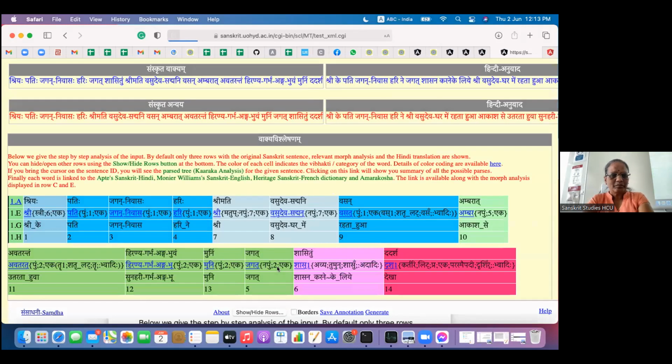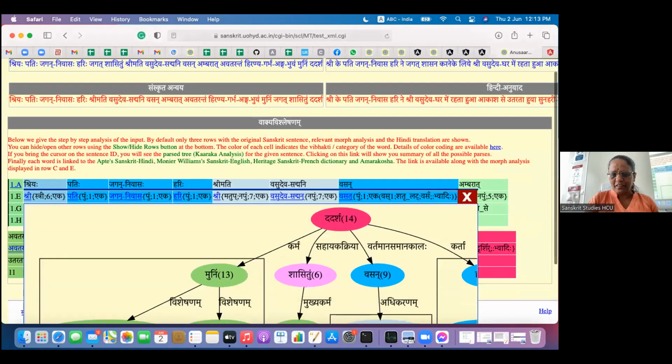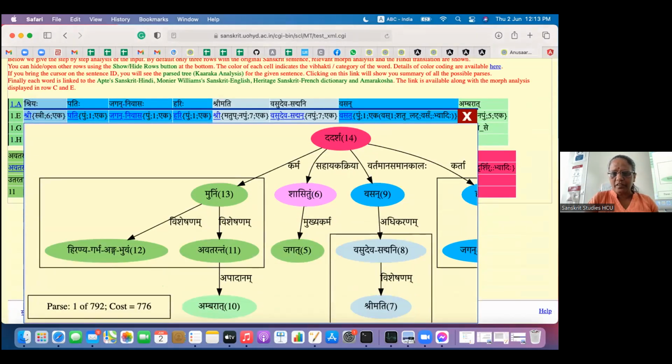So here is the analysis which the machine has produced, and the first analysis happens to be a good one.